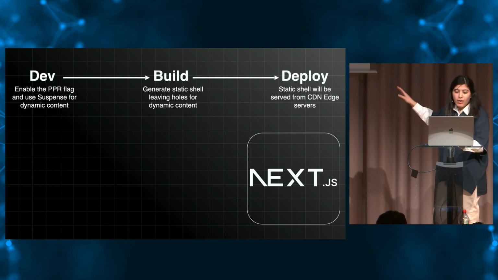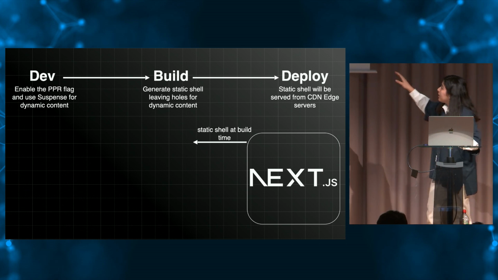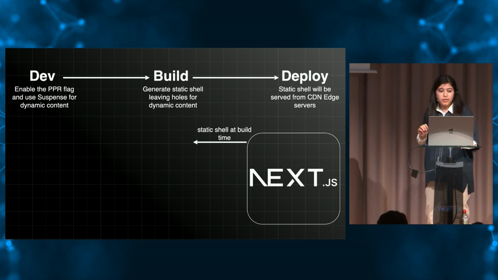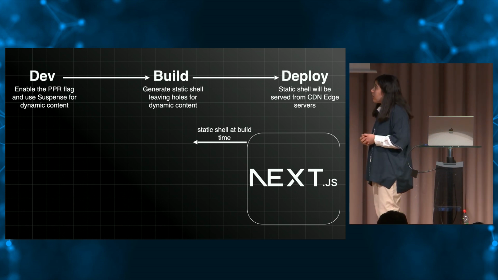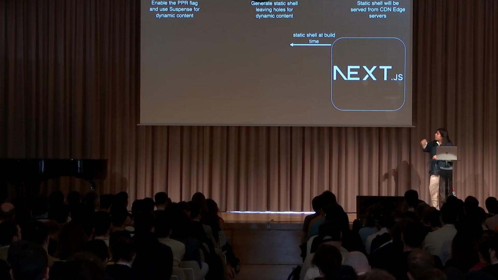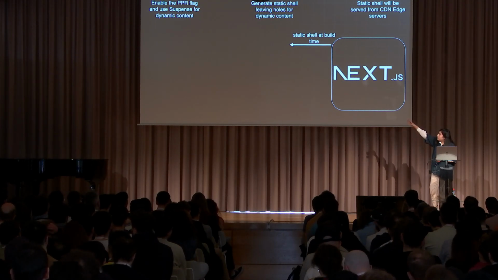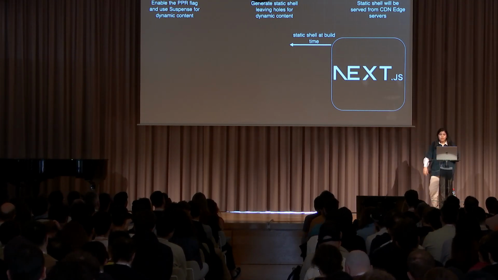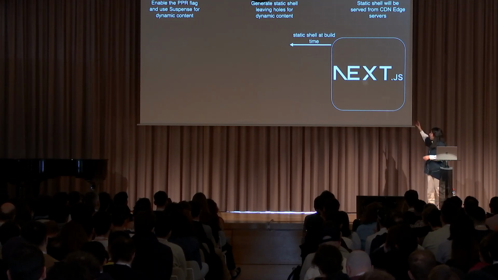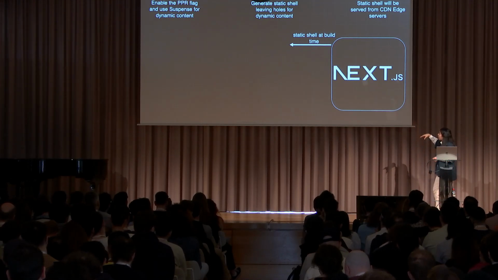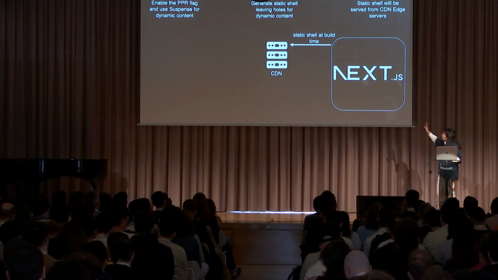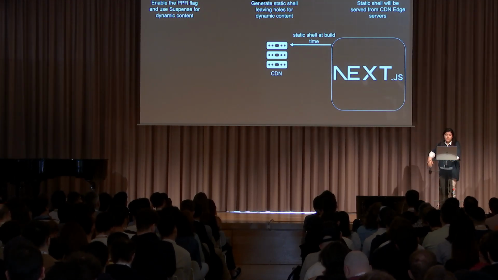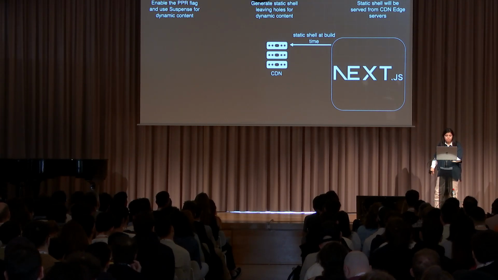If it is still not clear, I will try to explain it in this second graph. Here we have our Next.js server, where we render all the pages of our application. The static pages will be rendered with static rendering, but the dynamic pages that use Suspense, if you have enabled the PPR flag, will be rendered with the partial pre-rendering model, where we generate the static shell at build time and store it in the CDN.